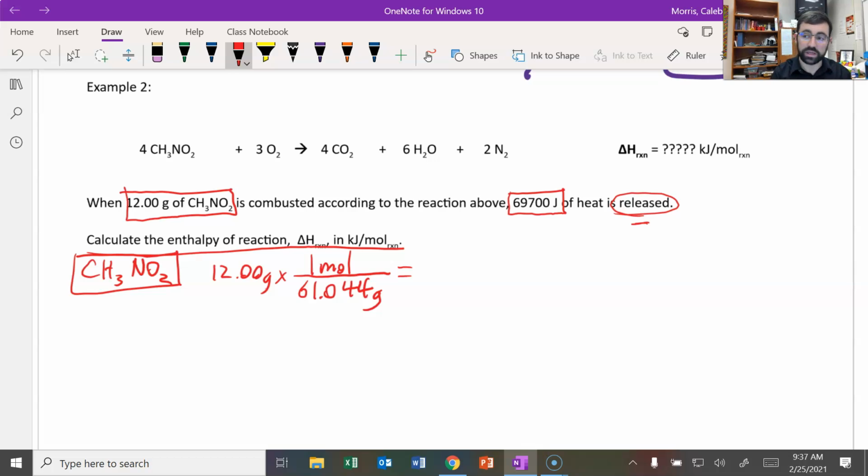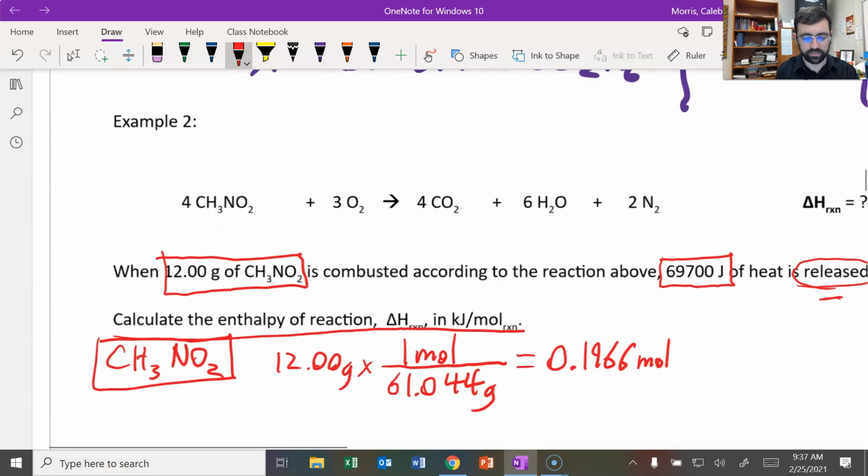Trying to find moles, we end up with 0.1966 moles. And that's what I'm going to be putting on the top of my reaction. 0.1966 moles, and of course the bottom in our denominator we would have 4 moles of CH3NO2.